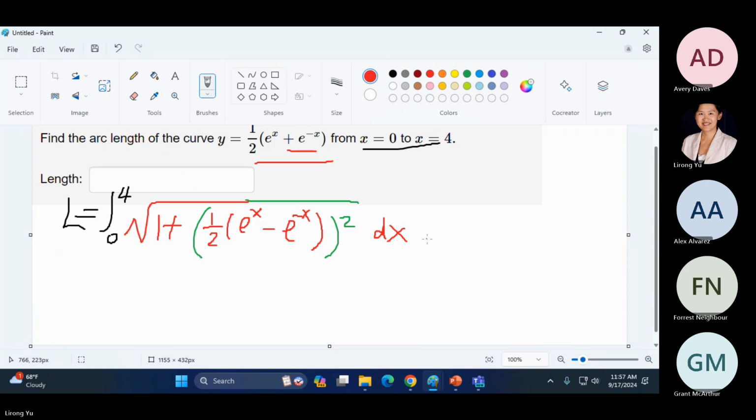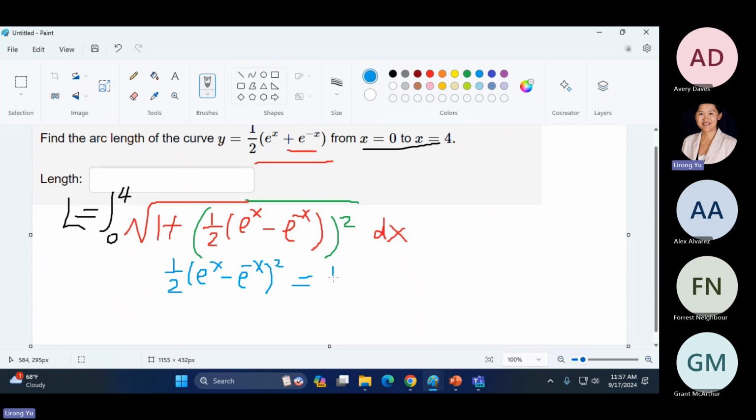All right, so what we're going to do is work on this part to see if it's a perfect square. Actually, it is, right? So we're going to focus on the computation part. Basically, we would grab the square part and see the differences. You see, 1/2 times e to the x minus e to the negative x, squared.